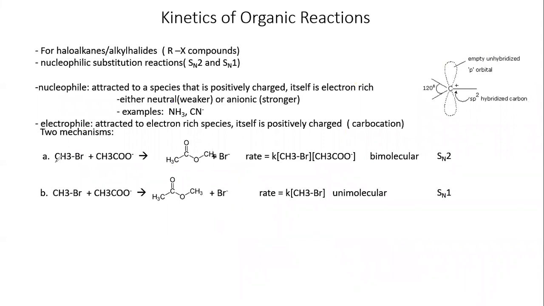So the first one, we have our reactants and products. It says it's bimolecular. What bimolecular means is it's a concerted reaction that would happen all at once. So this would be a one-step mechanism. So if we were to write the reaction mechanism for SN2, it would look like this. Step 1.